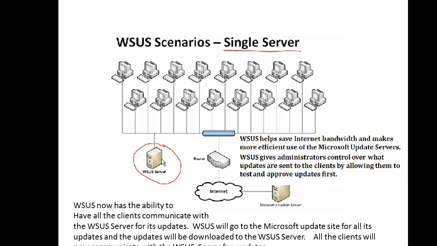And then the clients in turn will get their updates from your internal server. So all the clients, instead of communicating with the Microsoft Update server, are going to communicate with the WSUS server that you have configured on your network. And that is called the single server scenario.